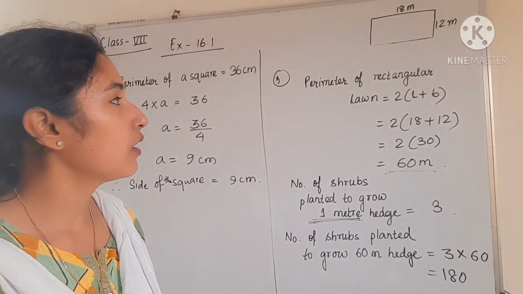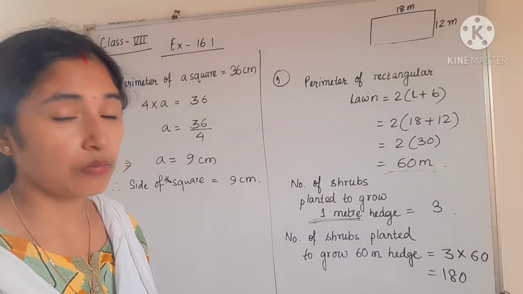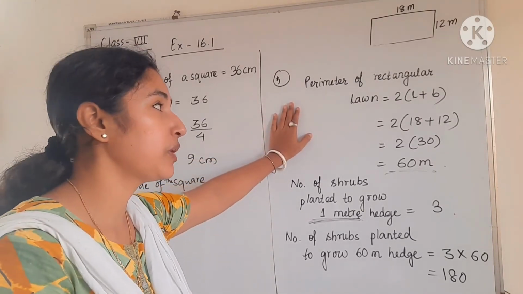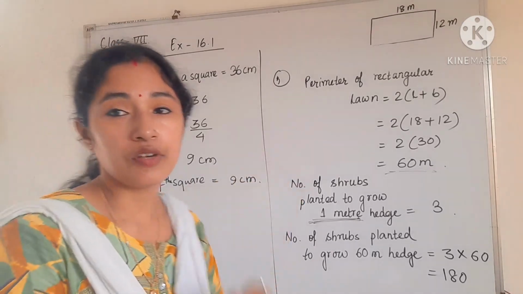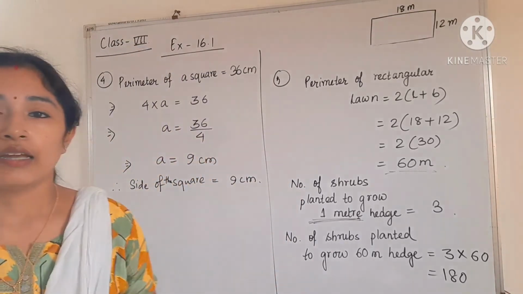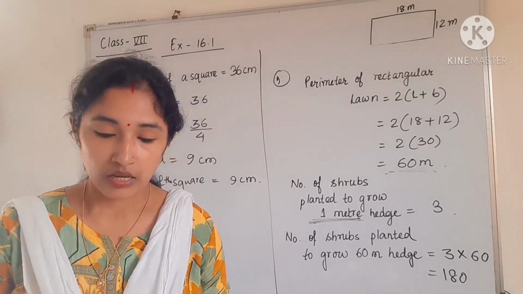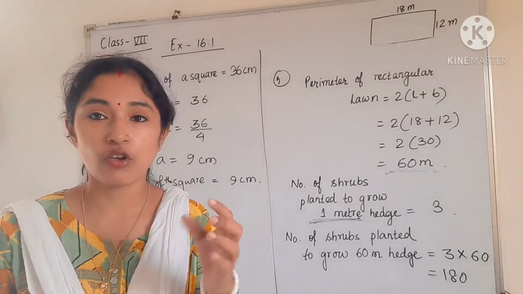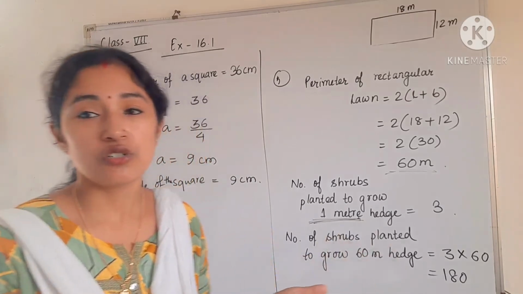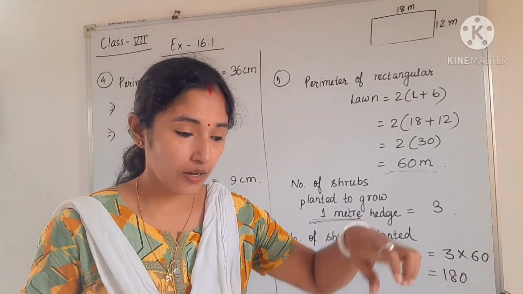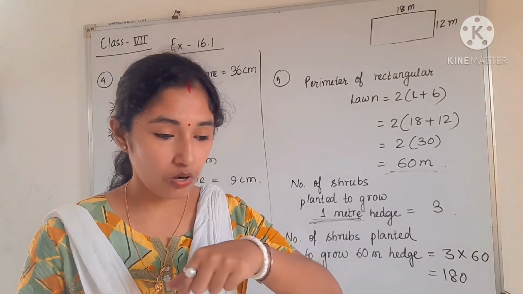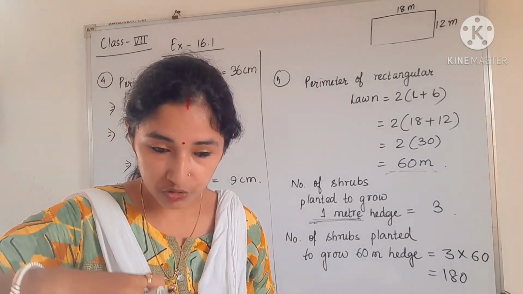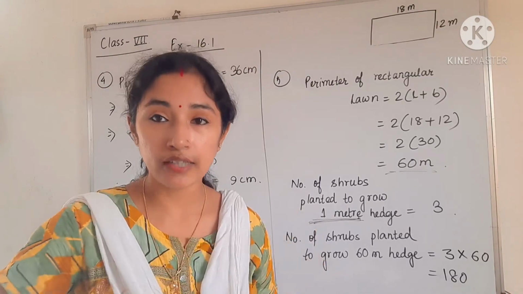Here a rectangular lawn is given having length 18 meter and breadth 12 meter. So first of all we have to find the perimeter of the rectangular lawn. After that, one more thing is given. It is given that a hedge boundary needs to be planted. A hedge boundary, that means you have seen in pictures that there is a rectangular lawn, and around that rectangular lawn there is a rectangular shape of trees planted.